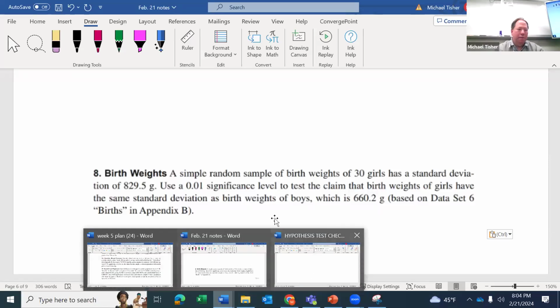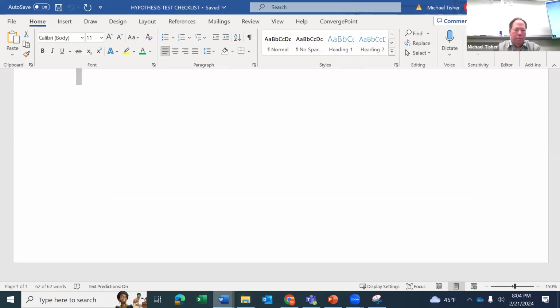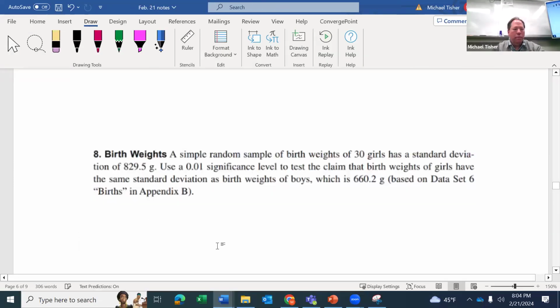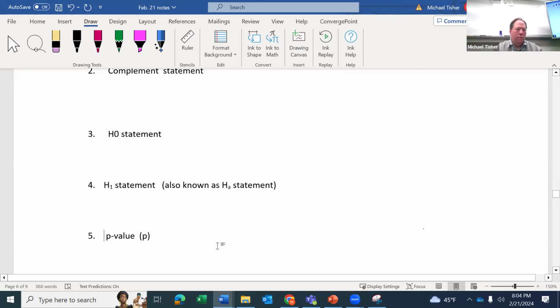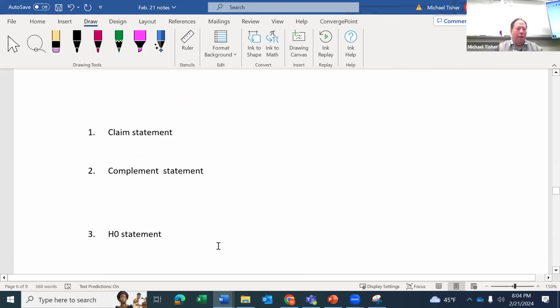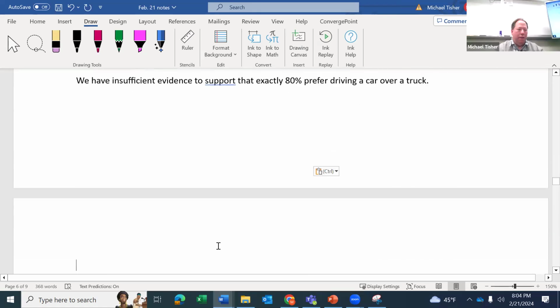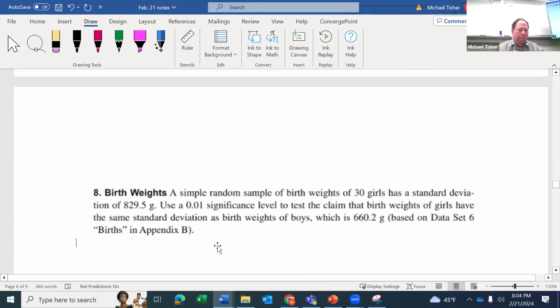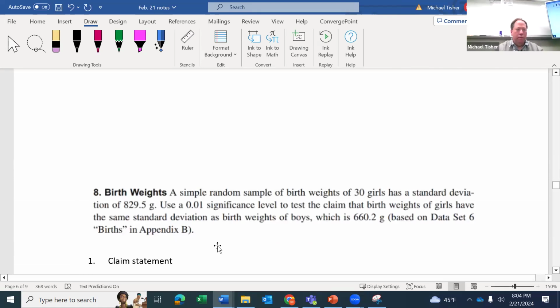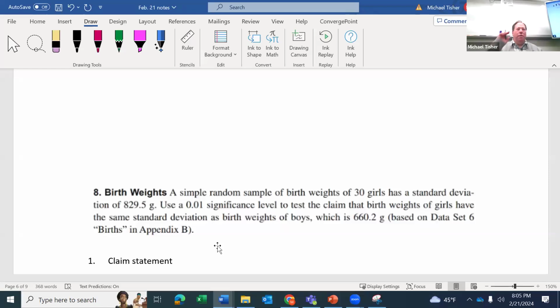Little checklist. Okay, so same thing. See if you can fill in the claim, complement, H0, and HA part of this thing. Okay, so I'll try to get it closer as you can see it all. See if you can fill in the claim, complement, H0, and HA.